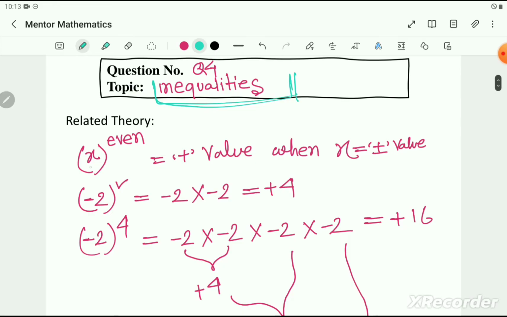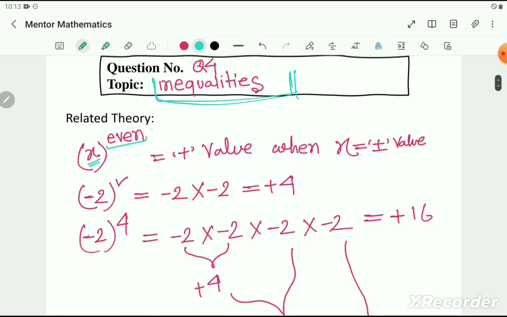A real number x, if it has an even power, like 2 or 4 or 6, whatever it is, will always give a positive value. If x is positive, it still gives positive. If x is negative, it still gives a positive value.